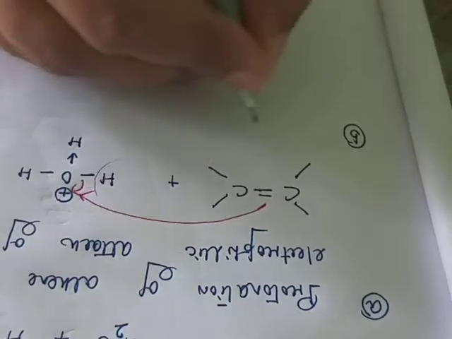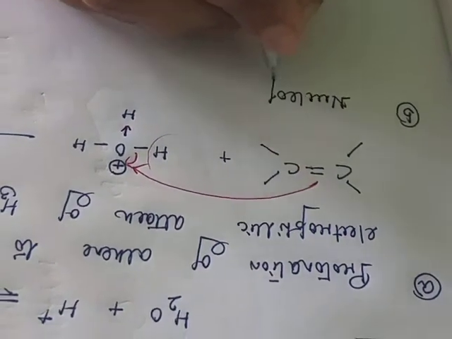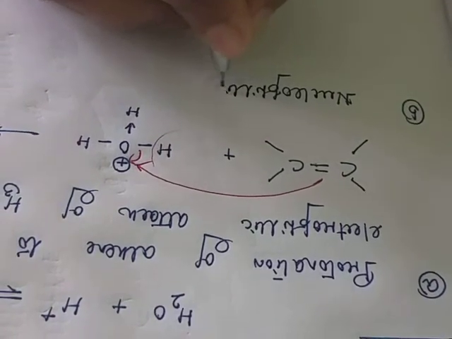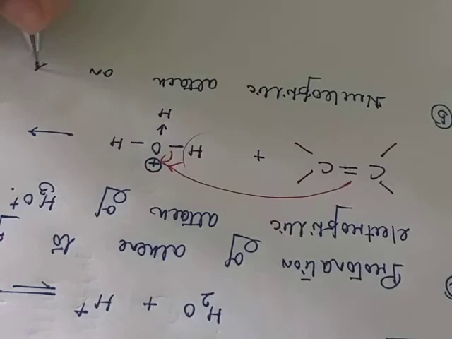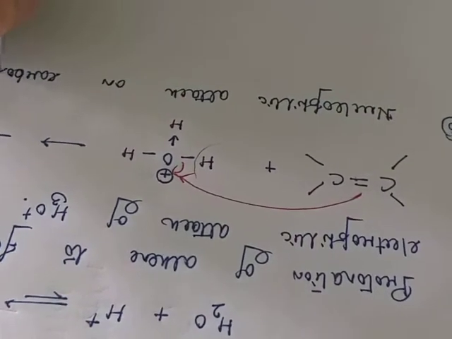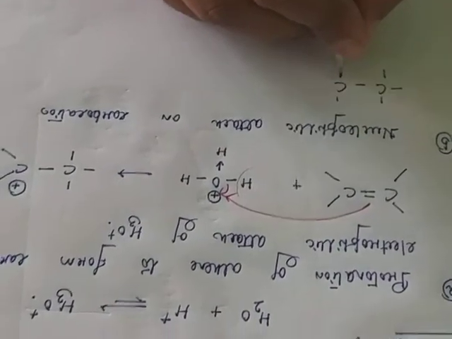In the second step, we have the nucleophilic attack on carbocation, and the nucleophile is the unshared pair of electrons present in water.